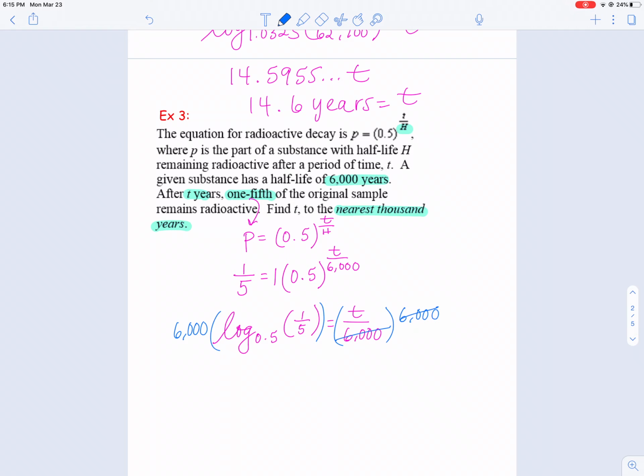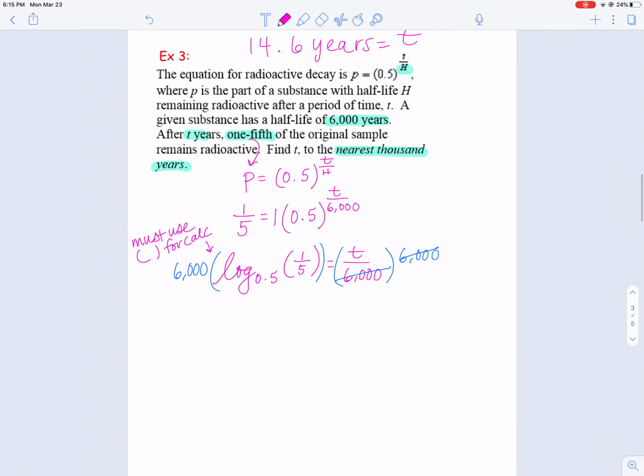Okay, so now you're going to get what T equals. When you go into your calculator, you're going to do 6,000 times, and these parentheses are necessary, must put into calculator. Must use parentheses for the calculator. Okay, so you're going to do 6,000 in a parenthesis, log base 0.5 of 1/5.